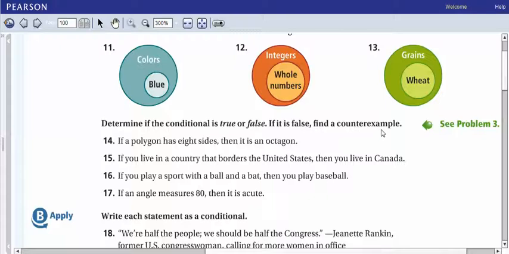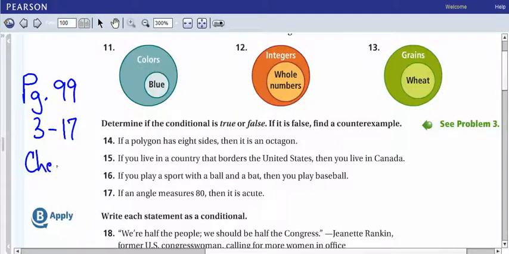Yeah, it's a statement showing that this is false. Okay? And it's got to be a statement. Alright? So if it's true, you can write true and you're done. If it's false, you write false and you got to list a counterexample. Any questions? That was page 99, and you're doing 3 through 17. And make sure you check headline.